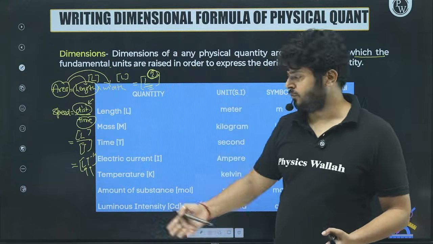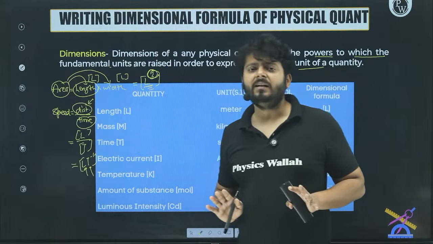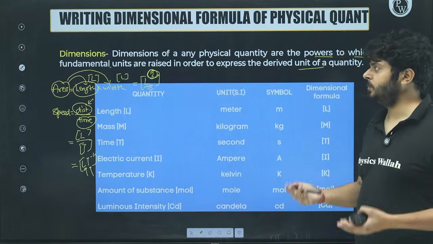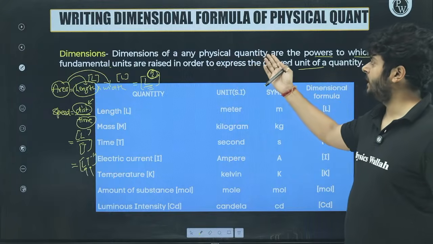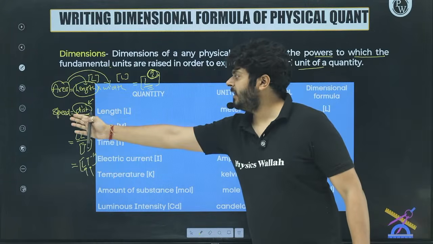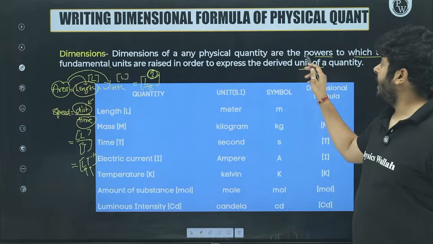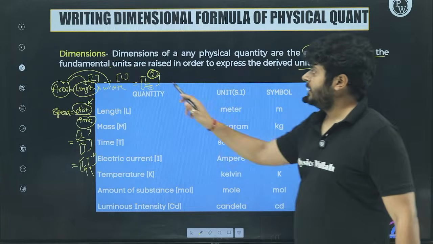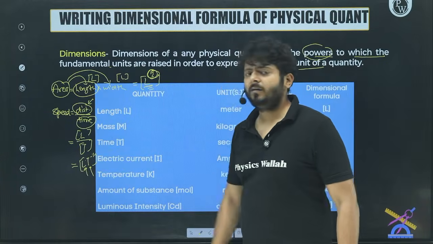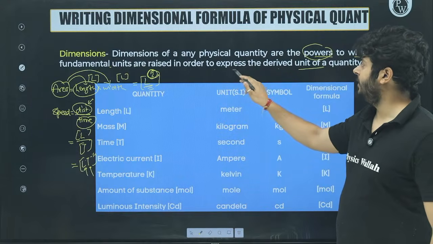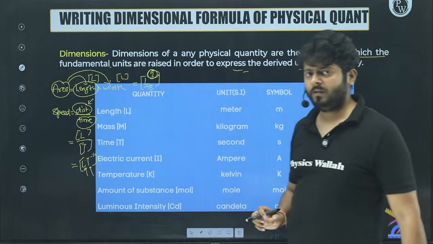The dimensions of speed, be it area, speed, or any other derived quantity, are the powers to which the fundamental units must be raised in order to express the derived unit of a quantity, right?